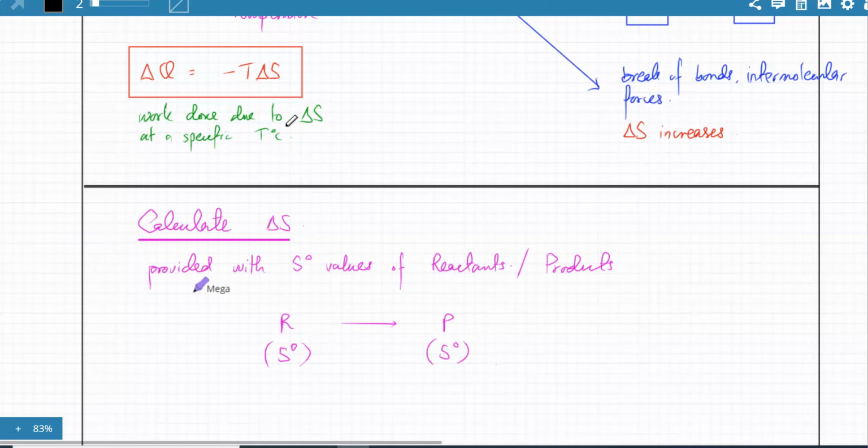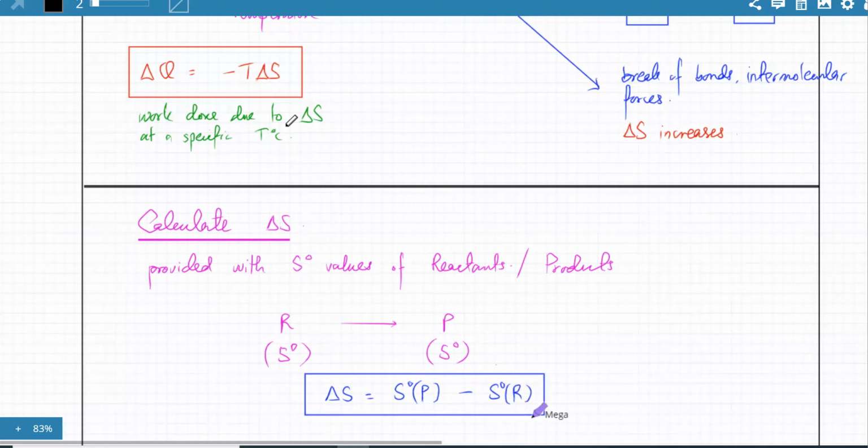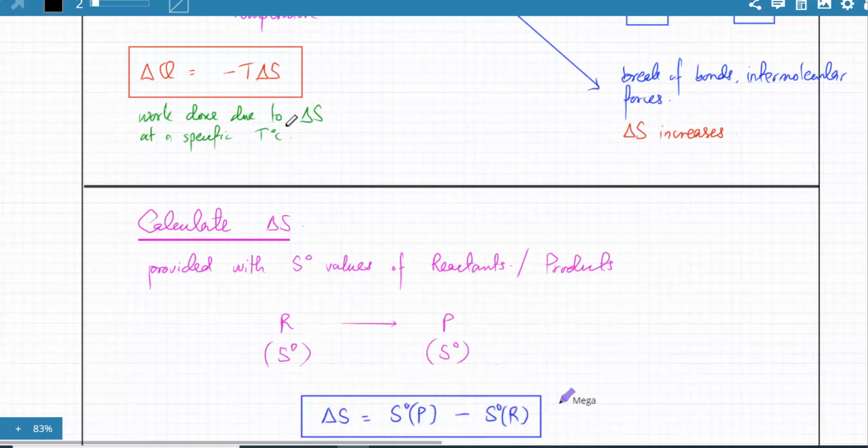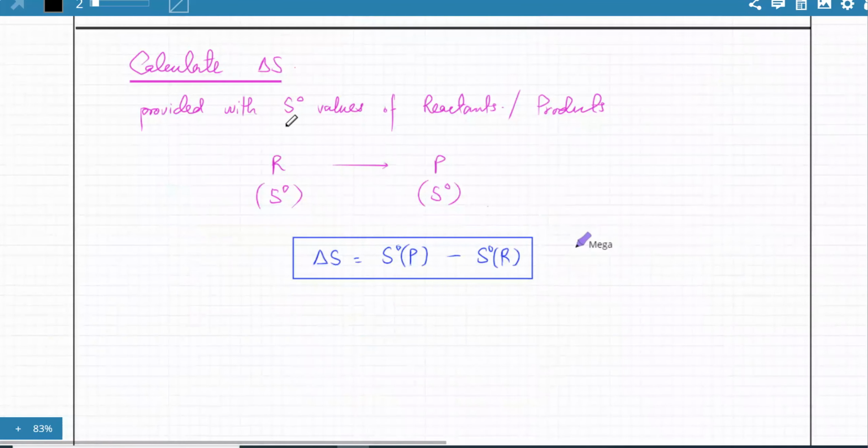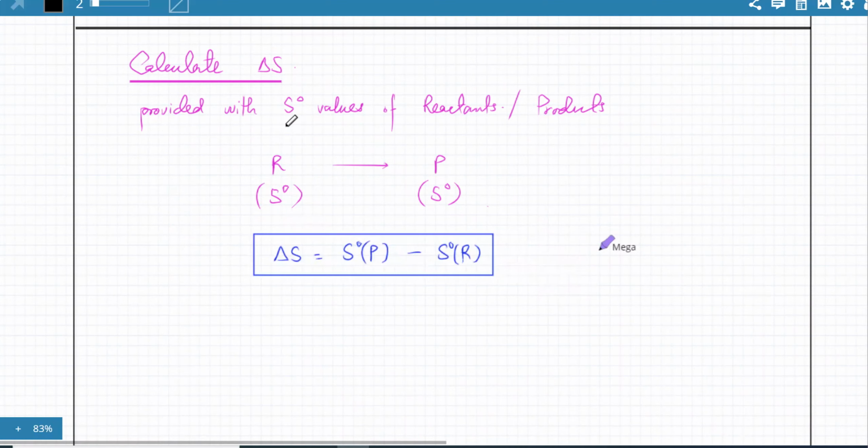The change in entropy, delta S, is going to be the entropies of the products minus the entropies of the reactants. So your formula will be products minus your reactants. You want to find the entropy change, just find the difference between the products' entropy and the reactants' entropy.